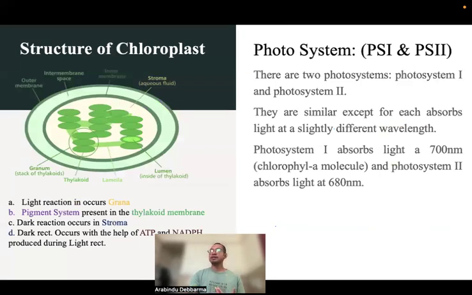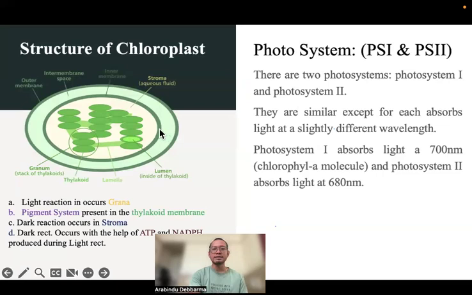Now, as we studied, chlorophyll is present in a specialized organelle of the plant called the chloroplast. So let's try to study what this chloroplast is and what exactly is inside it. The chloroplast is made up of two membranes, called the inner membrane and the outer membrane. In between, it has an intermembrane space.